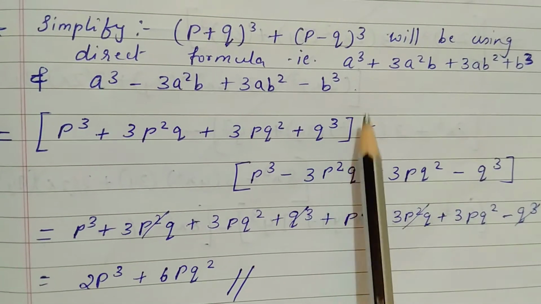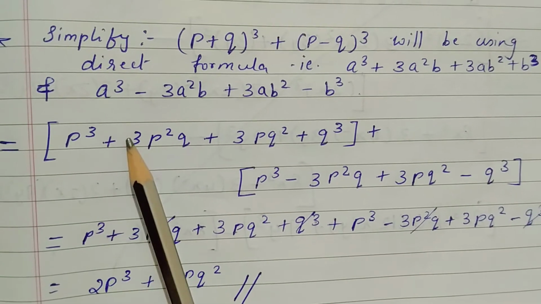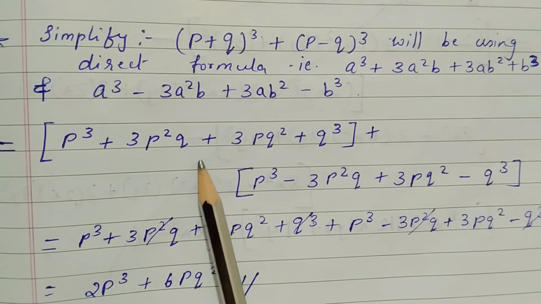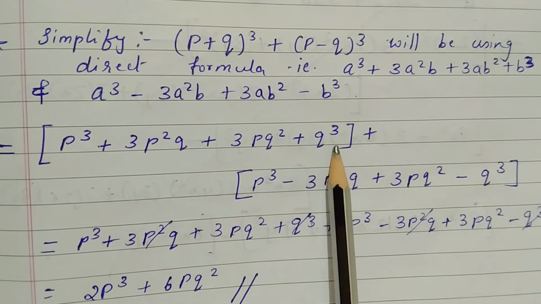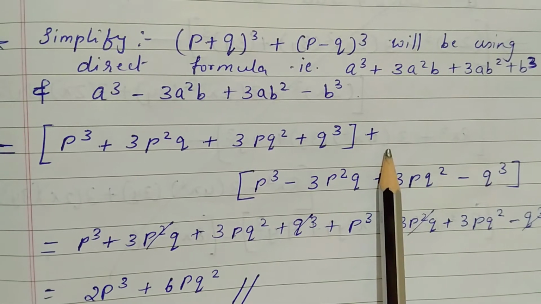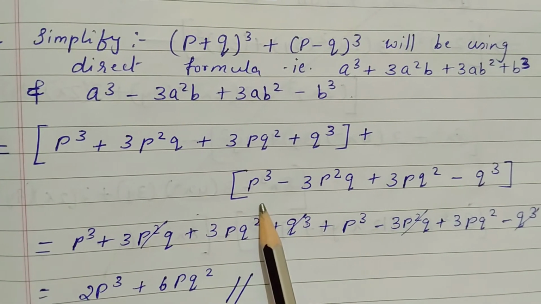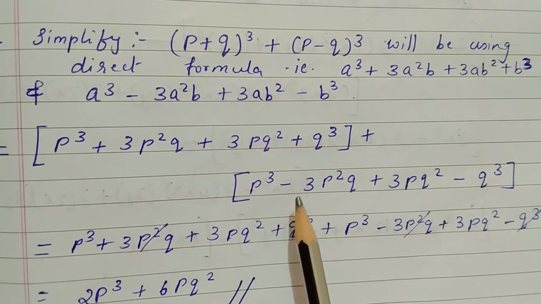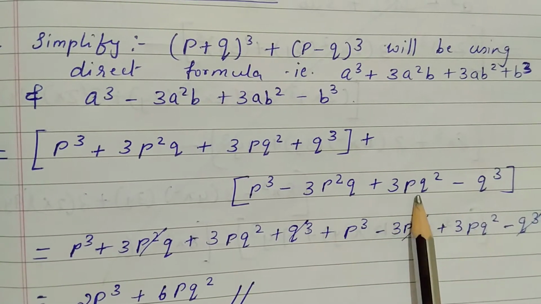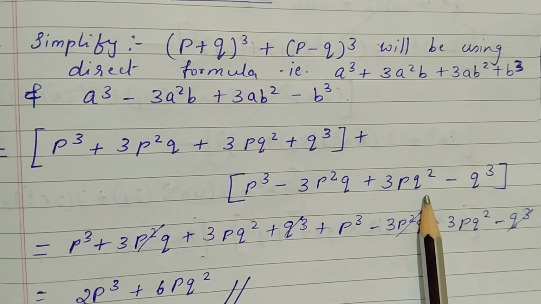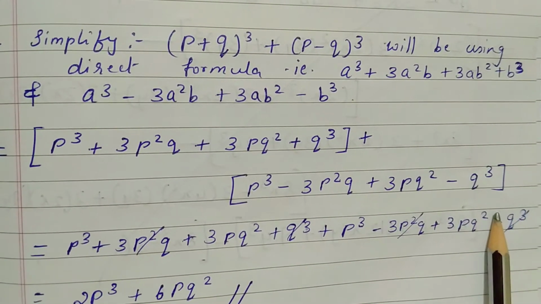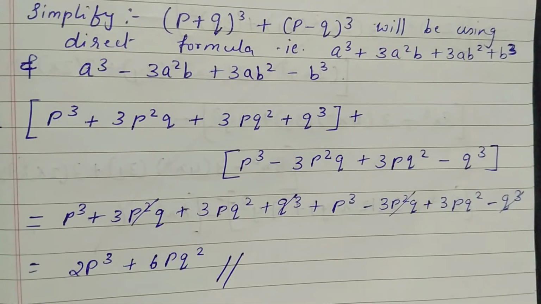Okay, now we are going to solve this in square brackets. P cube plus 3p square q plus 3p q square plus q cube, square bracket close, plus again square bracket open, p cube minus 3p square q plus 3p q square minus q cube, again square bracket close. Now we will solve this.